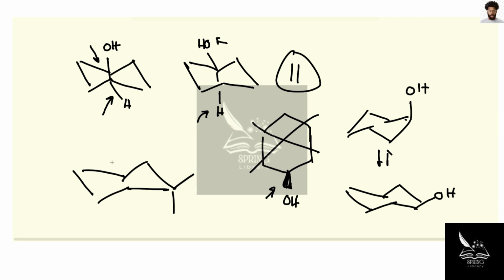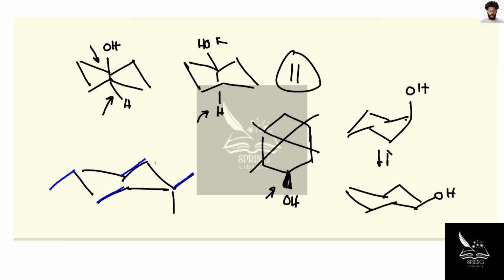And if you've not been shown this before, you'll notice that the way you know how to draw equatorial positions is that they are parallel lines to lines that make up the ring itself, right? So those 3 lines are parallel. So is that one. Those 4 lines should be parallel.